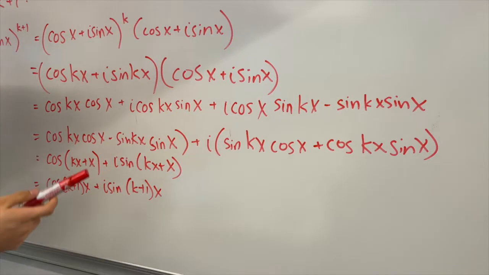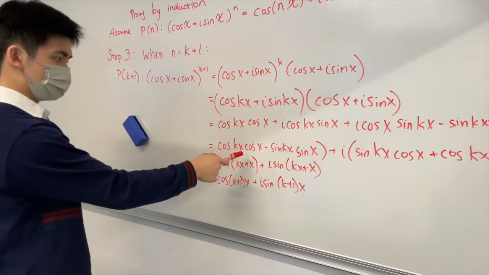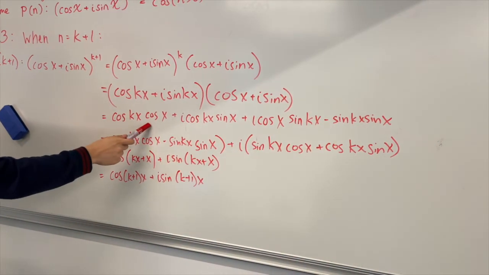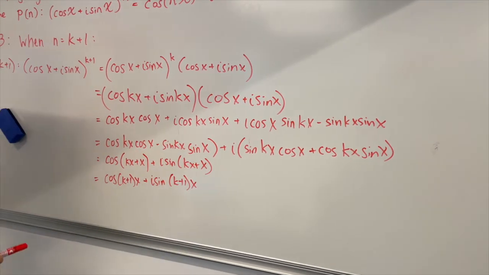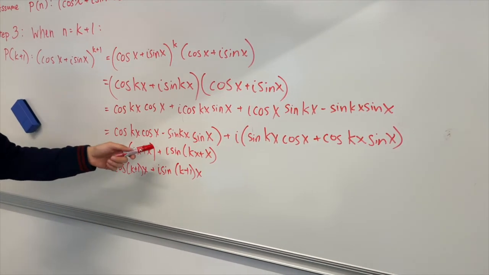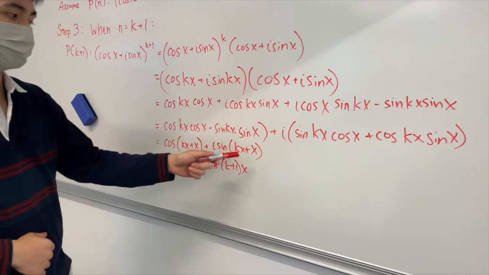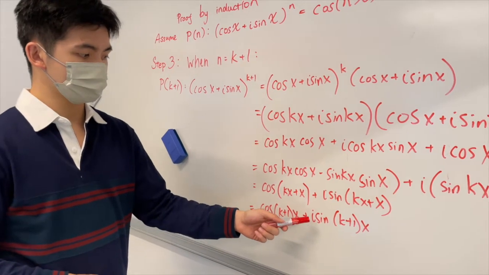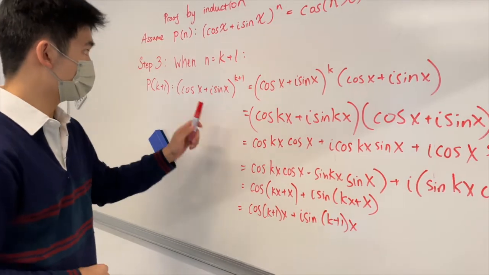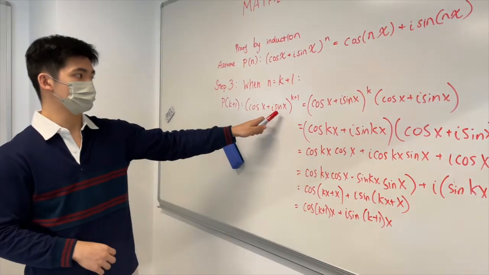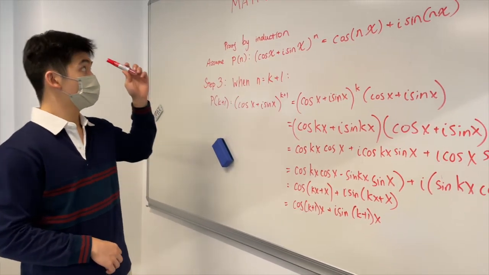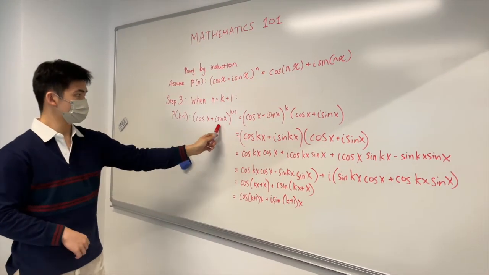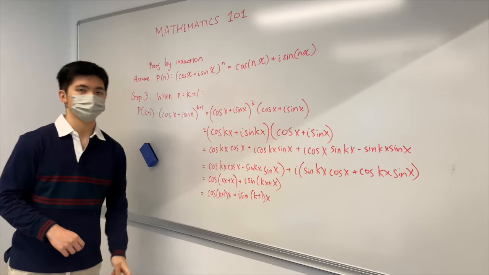Then using algebra, we know that cosine kx cosine x, and so on, is the same as what's above. Here we can simplify it into cosine of kx plus x plus i sine of kx plus x. And after factoring out the x, we know that cosine (k plus 1)x plus i sine (k plus 1)x is the same as cosine x plus i sine x to the power of k plus 1. So therefore, using proof by induction, we know that this expression is the same as this expression.